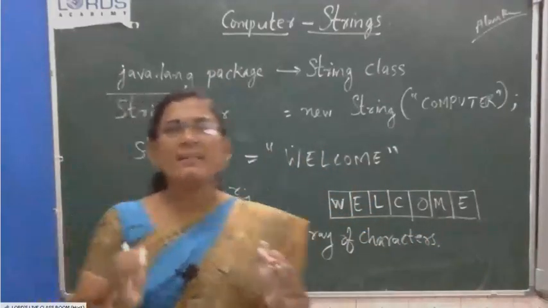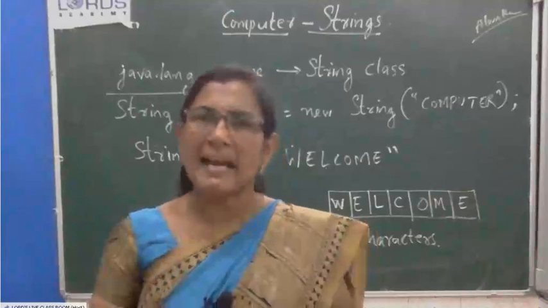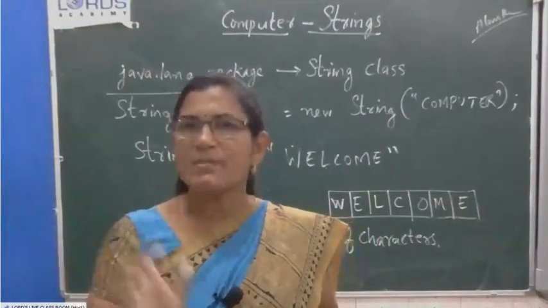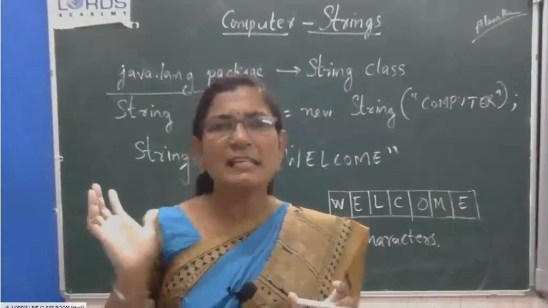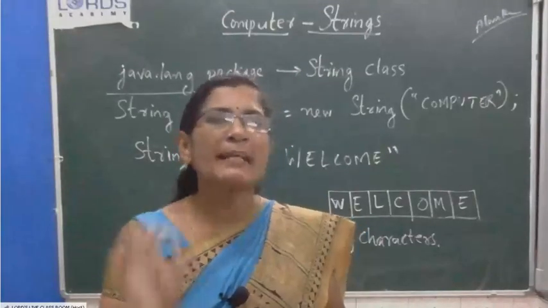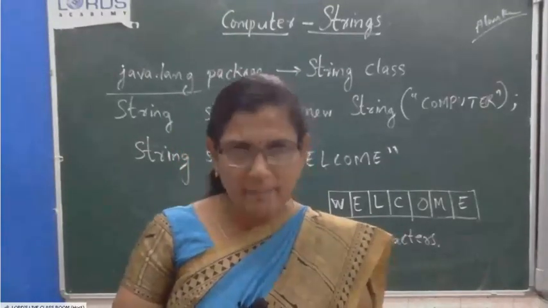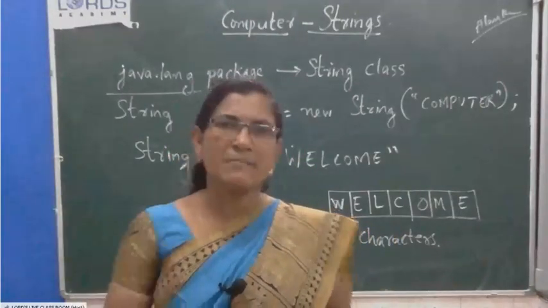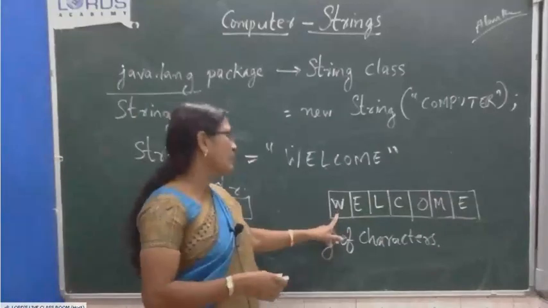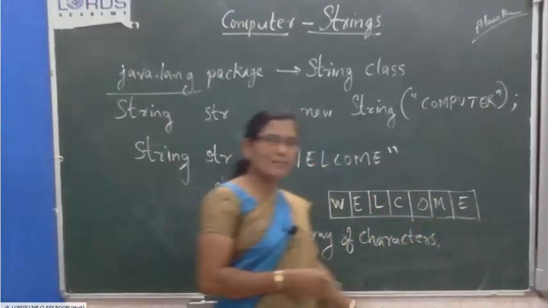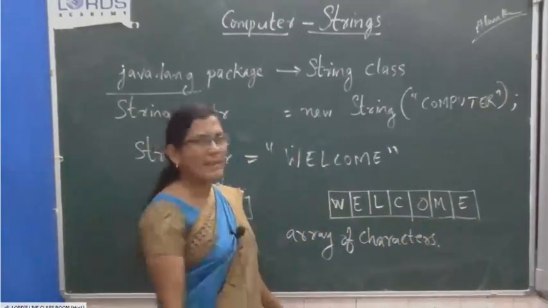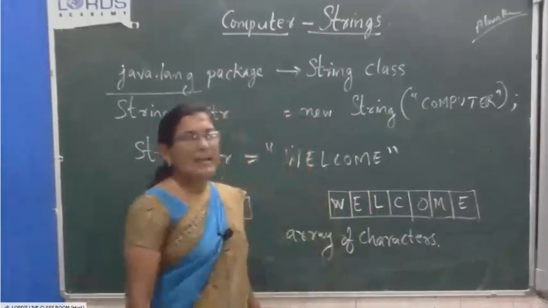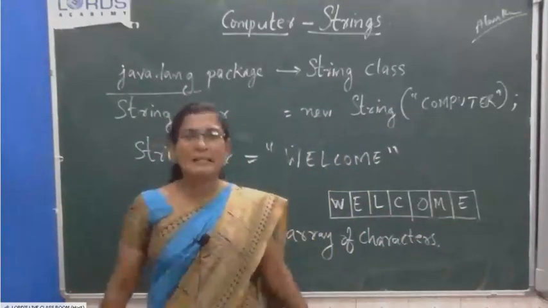An array is a group of similar data items which is known or identified with a single name. See, this is a group of similar data items. What is the similarity? All are characters. Am I right?